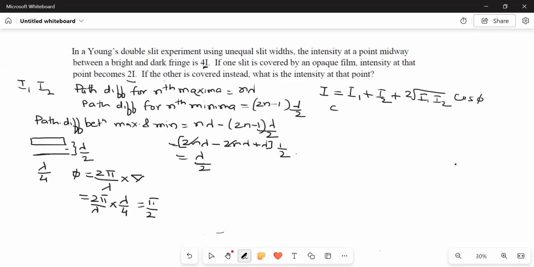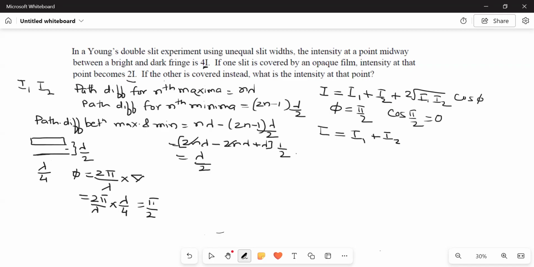Now we know that our phi value is pi by 2. So the third term will become 0, because cos pi by 2 is 0. So the total intensity will be the linear addition of the two intensities in this case.